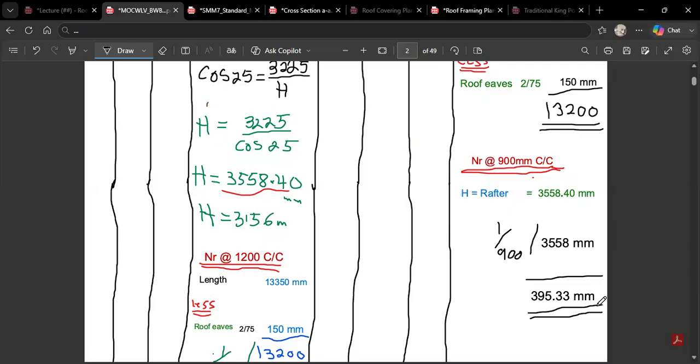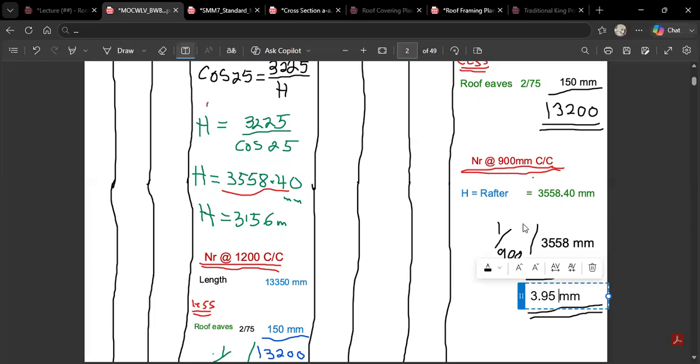Okay, so this is not the answer. You're supposed to get 3.95. I just made a correction. So you're going to get 3.95 over here.